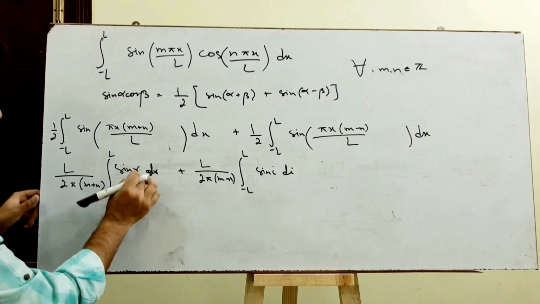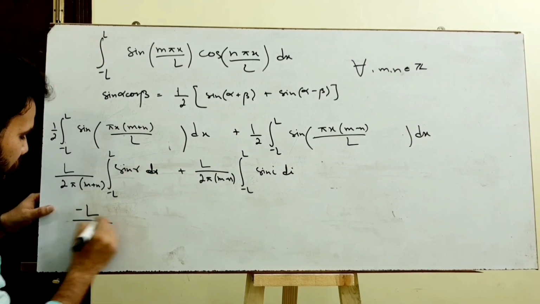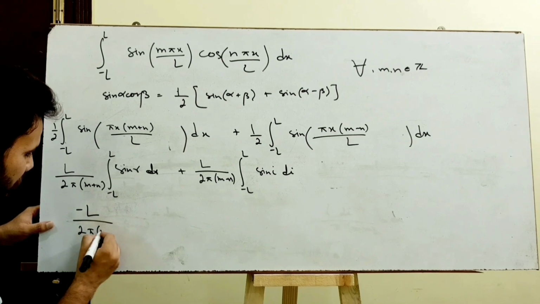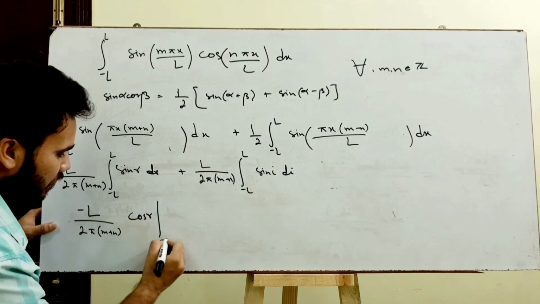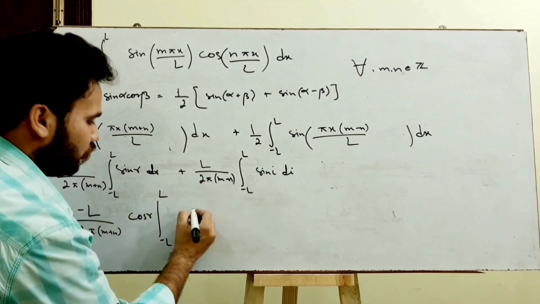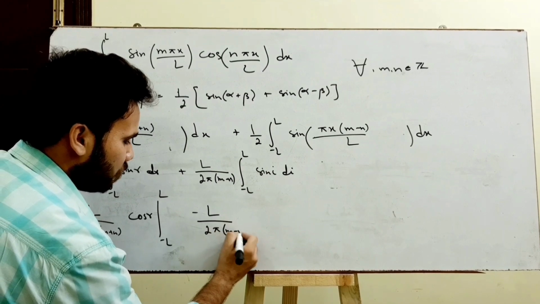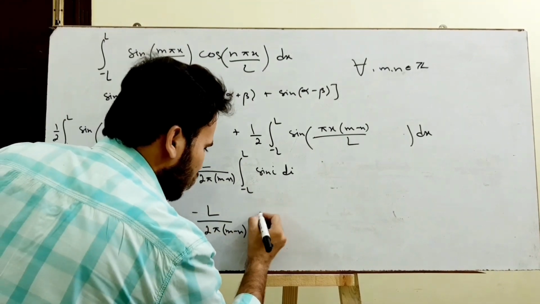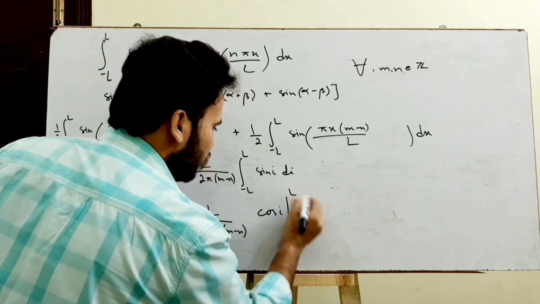The integral of sine is negative cosine, so this is negative L over 2 pi (m plus n) cosine r from minus L to L, plus negative L over 2 pi (m minus n) cosine i from minus L to L.